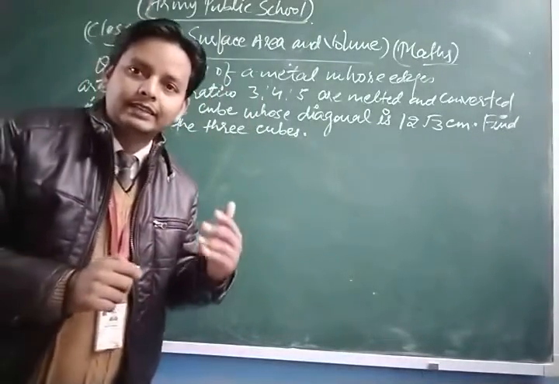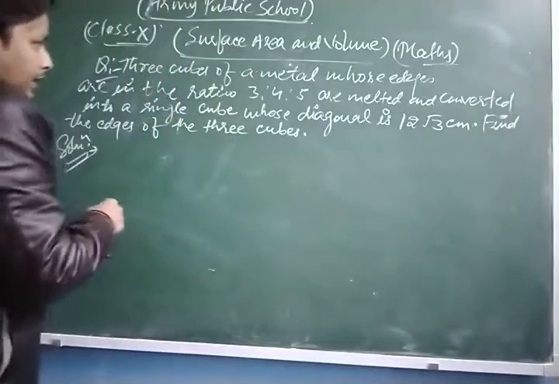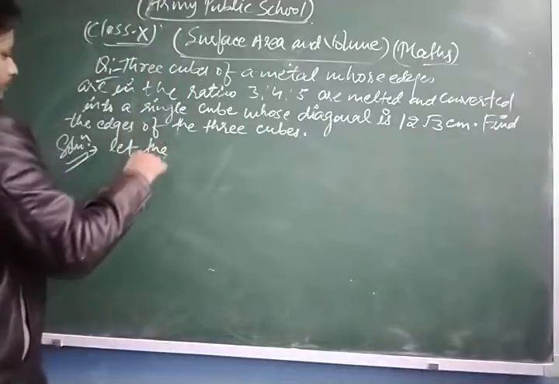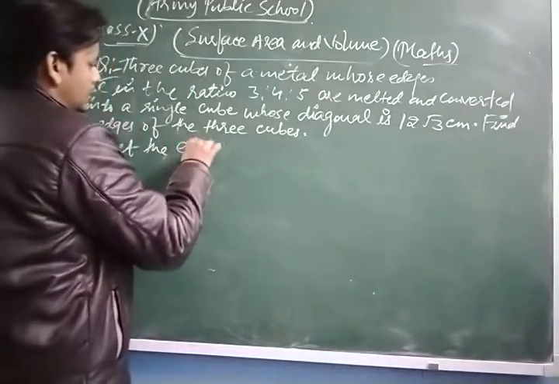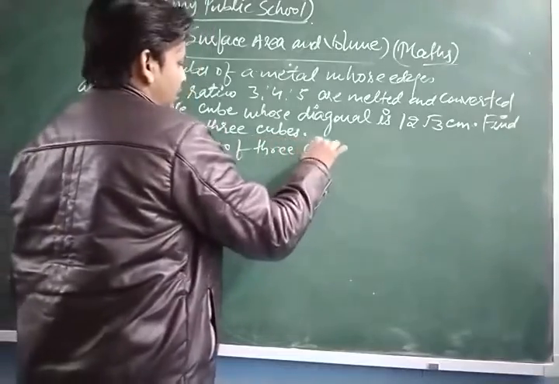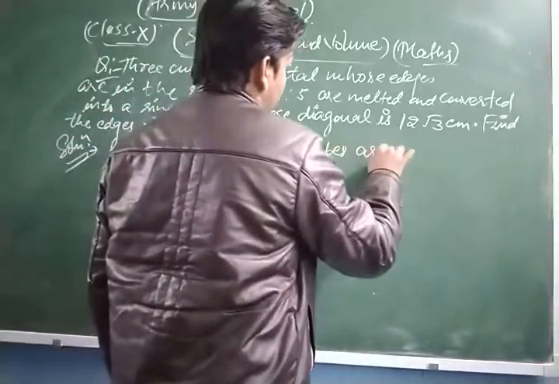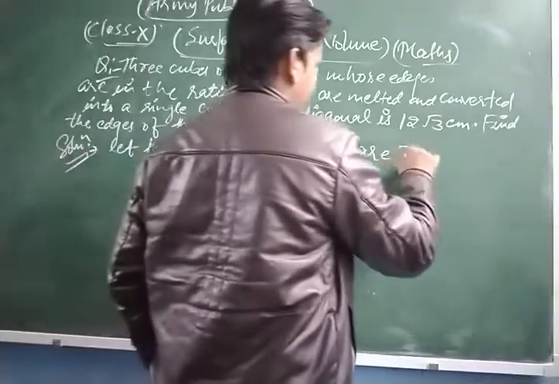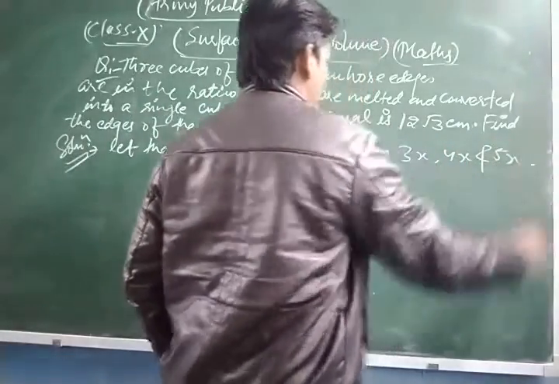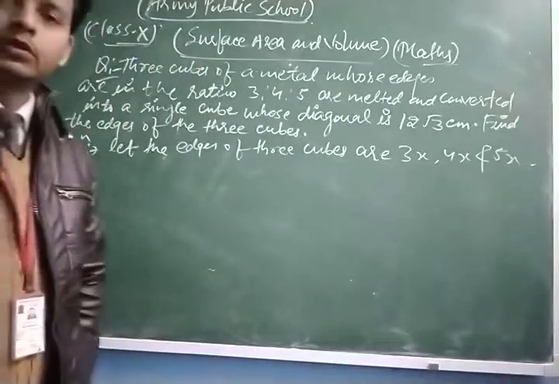First of all, we take the edges of the 3 cubes as 3x, 4x and 5x respectively.